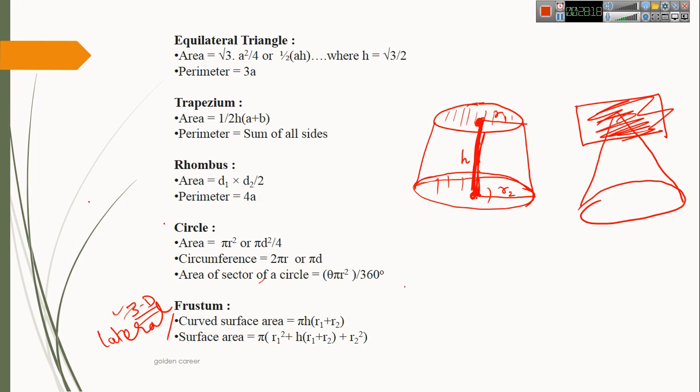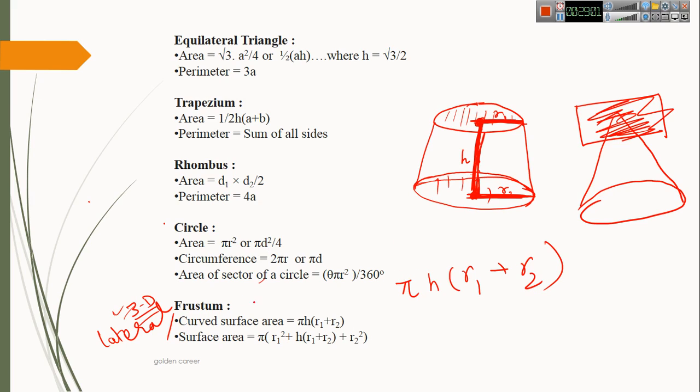When we join the centers of the two discs of the top and the bottom, the distance between them is the height of the frustum. So the curved surface area is pi h into r1, which is the radius of the top of the frustum, plus r2, which is the radius of the bottom, the base of the frustum. This is the curved or lateral surface area of the frustum.